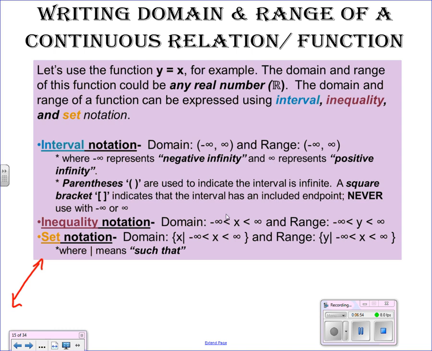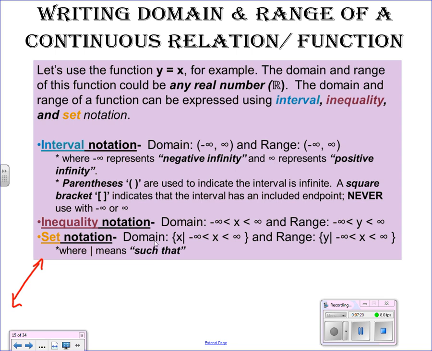Other times you can use greater than in certain situations, and I will talk about those when we get to them. But for this particular case, it would say negative infinity less than x less than infinity if I'm referring to domain. The range would be negative infinity less than y less than infinity.